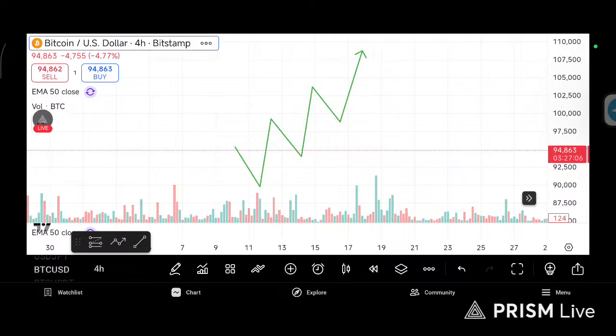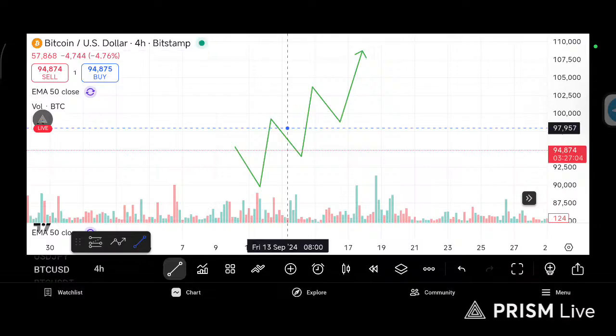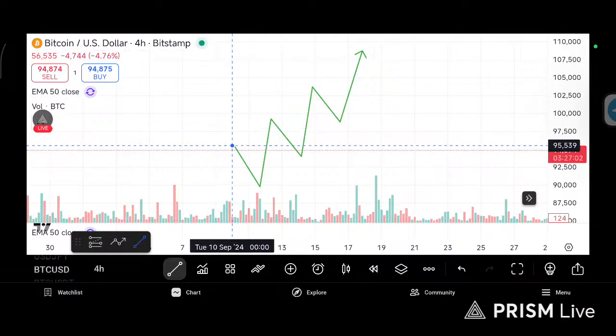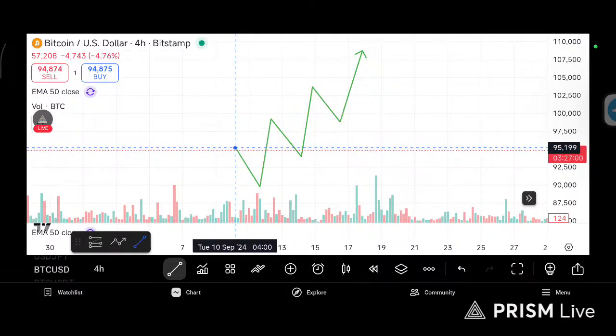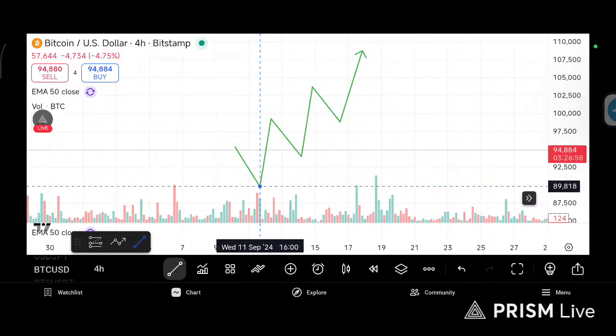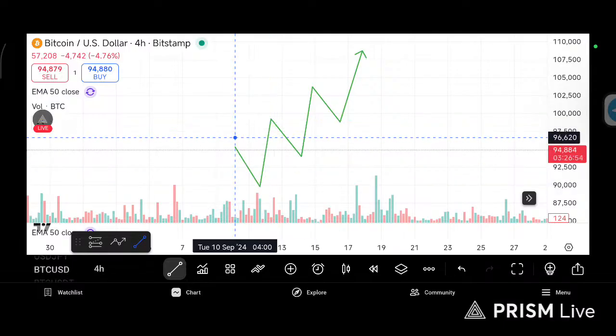Now look at what happened in the market. This was our latest higher high, then the market moved to a higher low, you see.